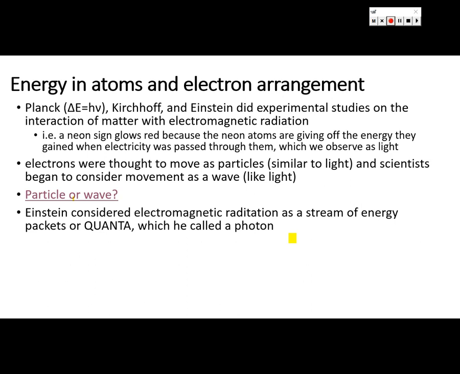So electrons were thought to move as particles, similar to light. And then let's talk about them as waves. And the big idea came to a head no matter which way you did it. The idea that electrons were packages of energy which could be quantified was also revolutionary.